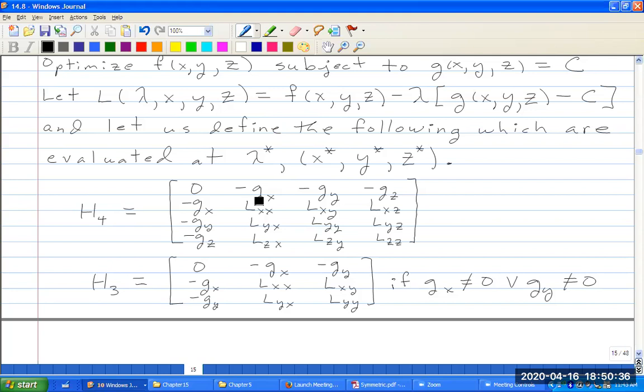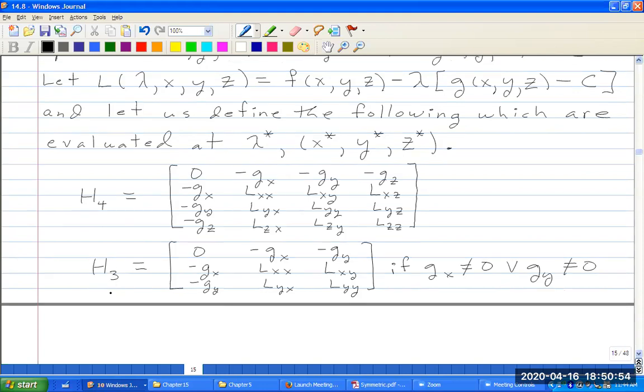Then the second derivatives of L, just like before: xx, xy, xz, and then yx, yy, yz, and then zx, zy, zz. Let's call this H sub 3.